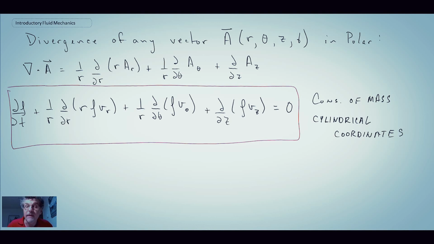And that is the equation that you would apply if you have a problem involving cylindrical coordinates. For the most part, you can see this term is the same, that is the same, but this and this are different. And if we were to look at spherical, it would be even a little bit more different than that. All three of the terms in the derivative there would be different for all three directions. So that is polar coordinates continuity. What we'll do in the next segment is apply this to a problem.